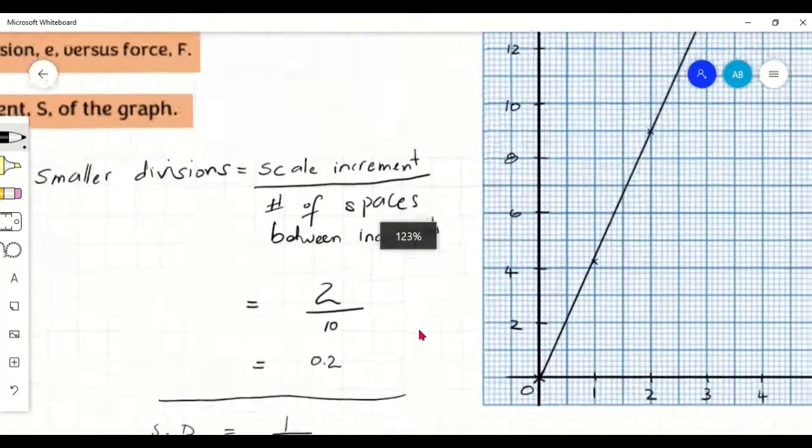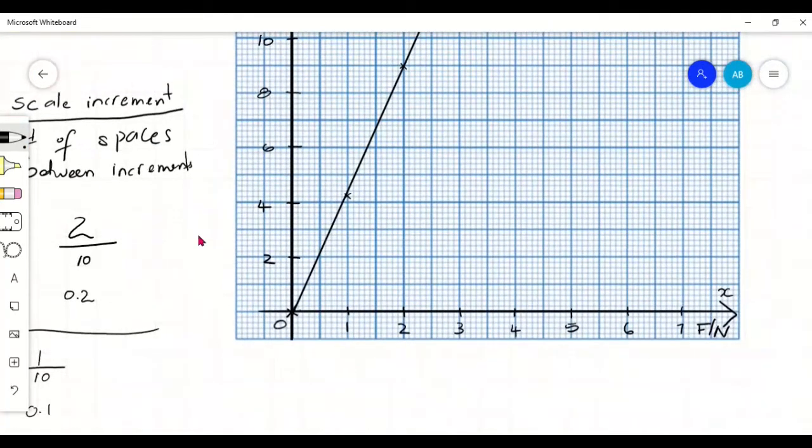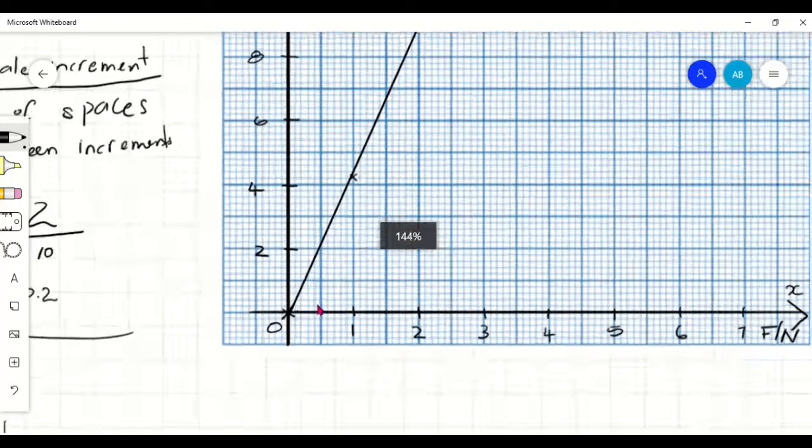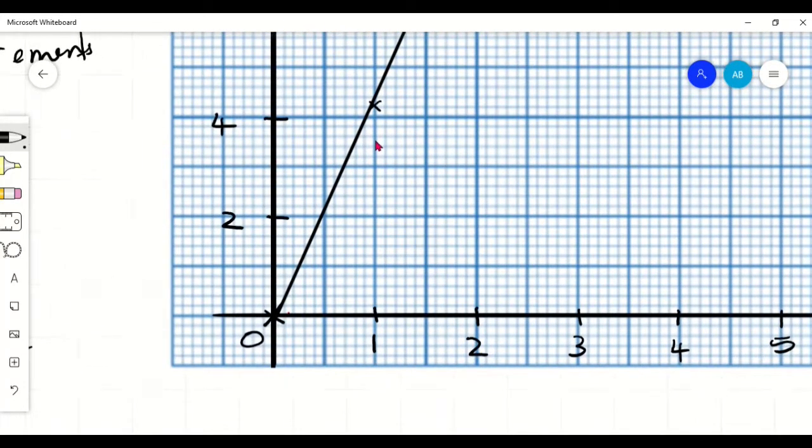To get our gradient, we first have to find 2 points along the graph that are not plotted points. We do not use plotted points to find gradient. So let me show you how we're going to do this. You're going to look along your graph, and I usually tell students to use points between the first and second plotted points, so that would be this one and this one, and then between the second to last and the last.